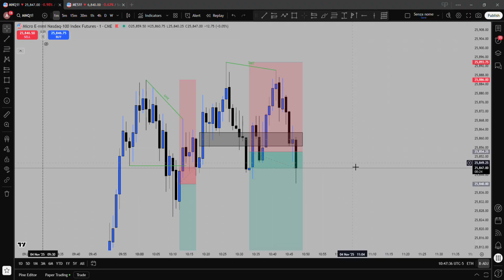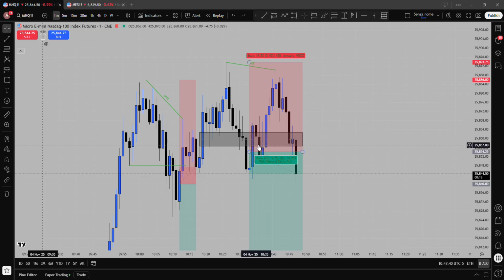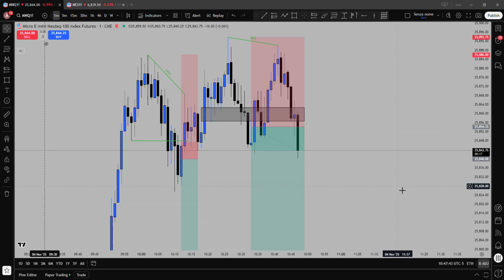They probably changed the stop loss to here, because this is now an order block that didn't hold enough. So let's hope for the best.